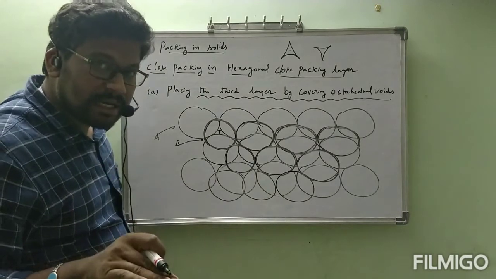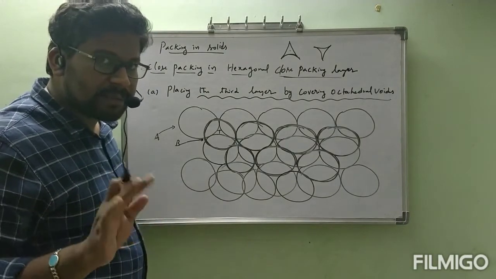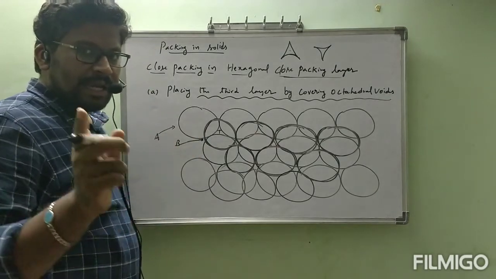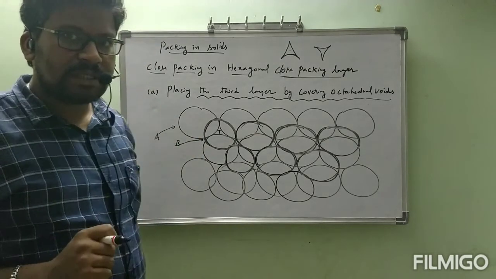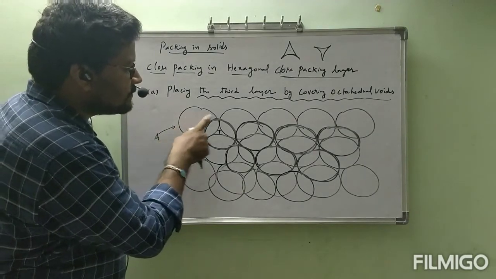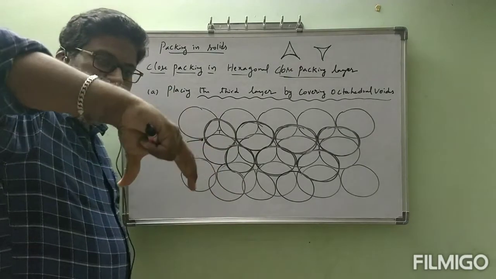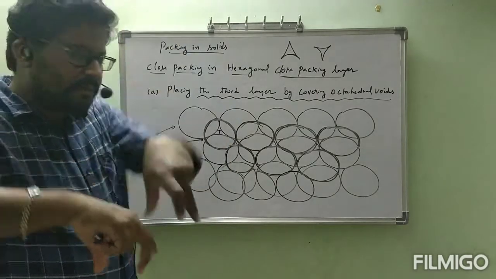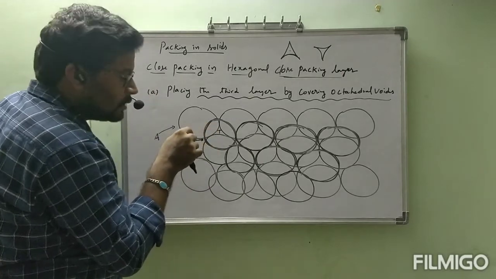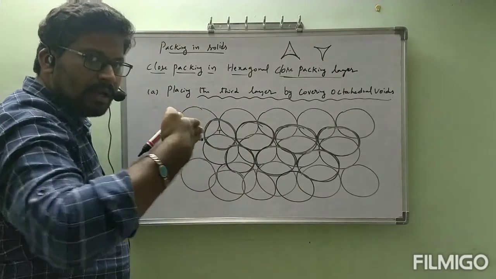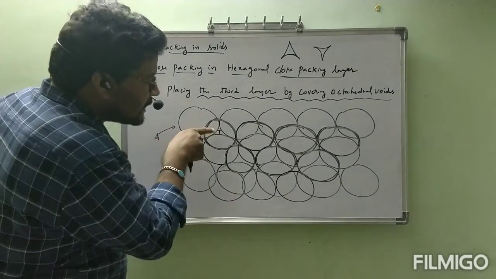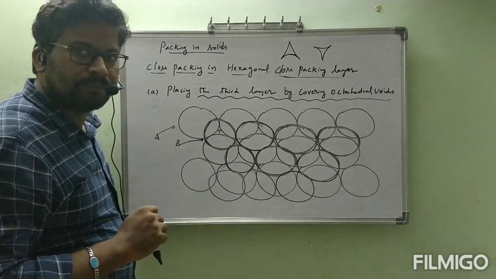After keeping the second layer, definitely that is tetrahedral void, because in today's video also you might have seen that animation. Okay, these three particles below, A layer particles 1, 2, 3, will be in triangular shape. This particle will be from above. Exactly, this particle will be from above and it is kept like this. If you see from this direction, in your view, this tetrahedral void is not visible.